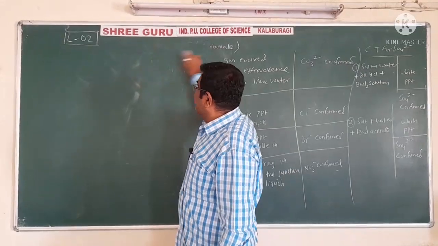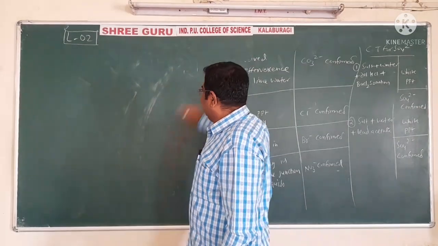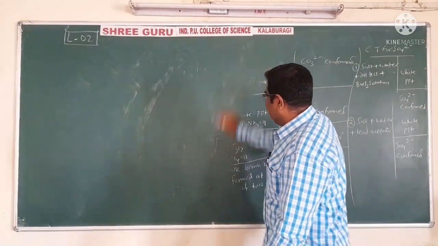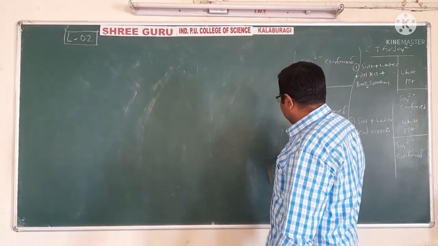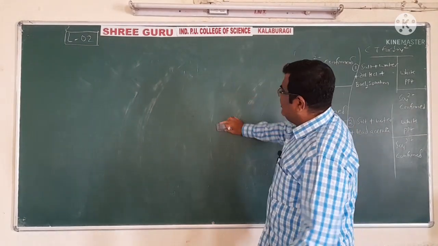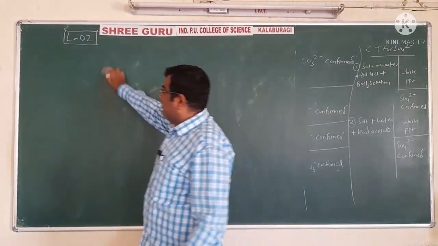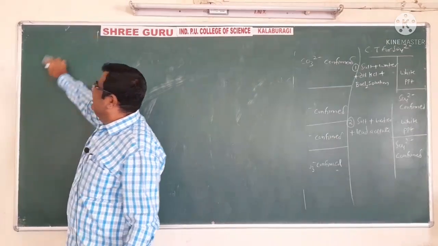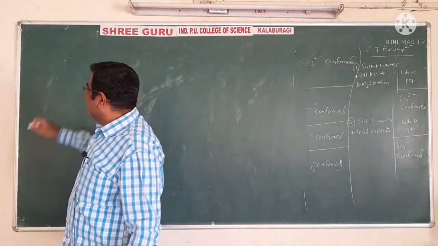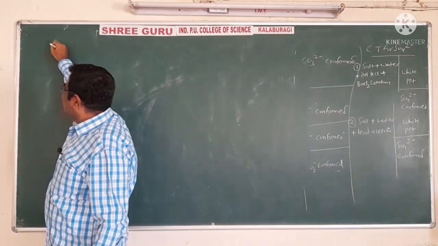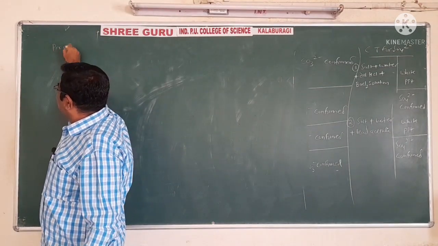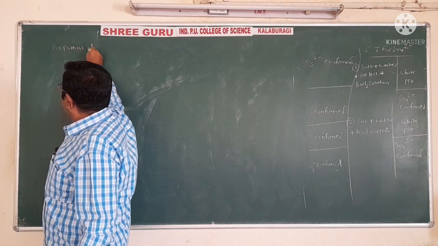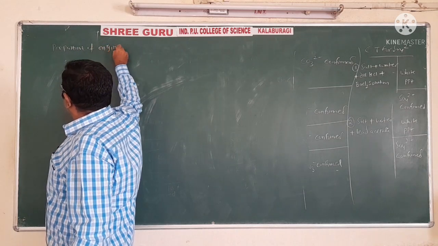When you write with me and prepare your chart, it is a kind of revision point. I want to use that space also. We have to write here the preparation of original solution.